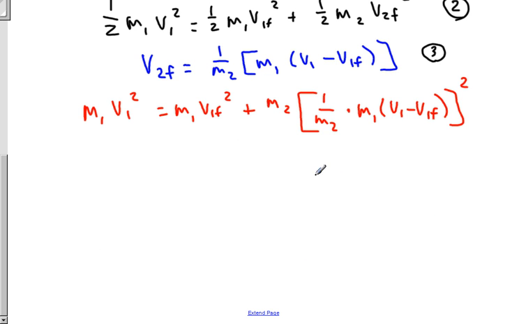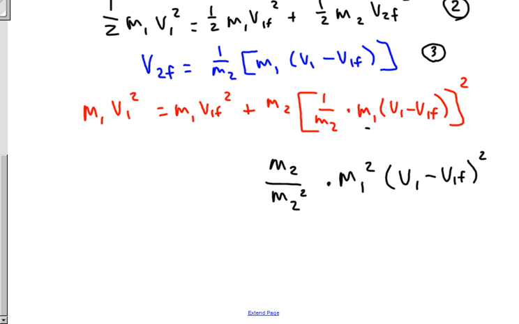In looking at this, there is a 1 over m2 squared inside of parentheses, so we indicate m2 over m2 squared here. We are multiplying by our m1 squared again. And then we have this term, which I will keep as is, v1 minus v1 final squared. The rest of that term is going to be m1 times v1 final squared, and that will equal m1 times v1 squared.